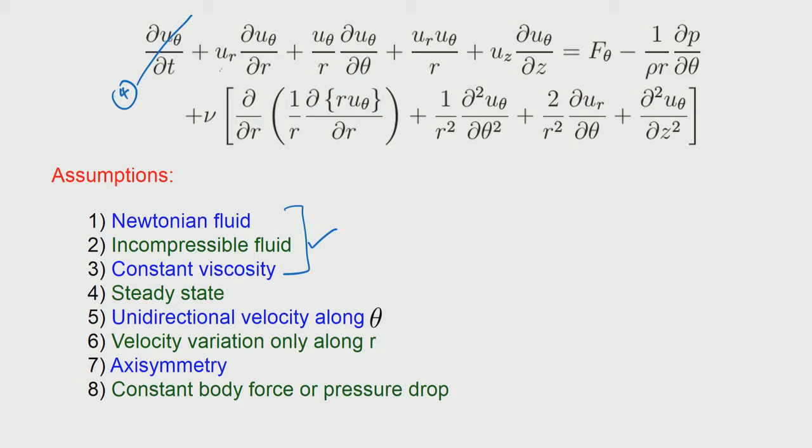So, which means that u r is not present and u z is not present, and we also want to say that there is a velocity variation only along r. So, along the z direction it is not there, and we also want to say that there is an axisymmetry. So, the theta variation is also being dropped. Okay. And this is also because of axisymmetry.